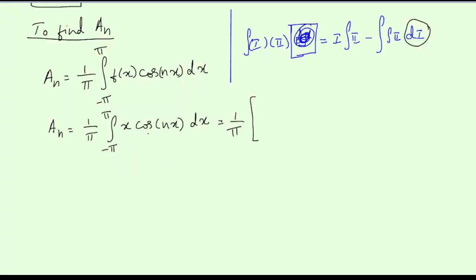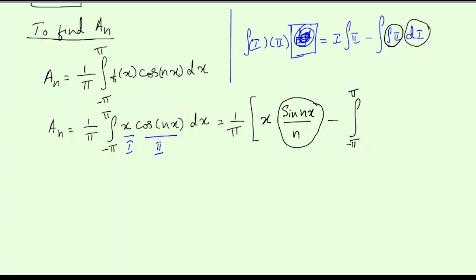Alright, let's continue. So as we said, this is first, this is second. Now I should write first into integration of second. Integration of cos nx is sin nx divided by n, minus integration of, the limits remain the same, okay? Integration of second. We've already done that, right?